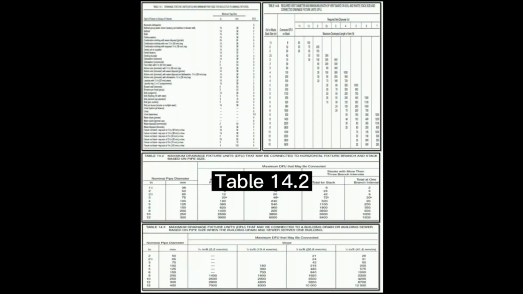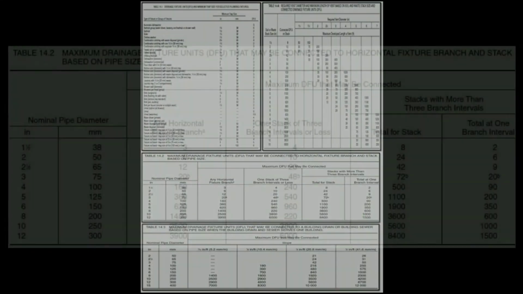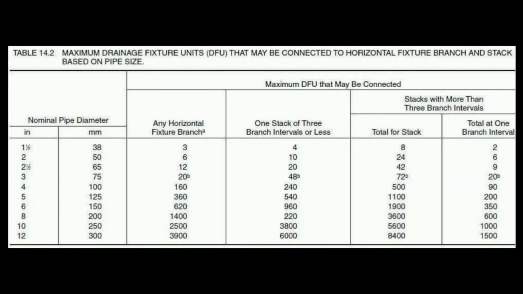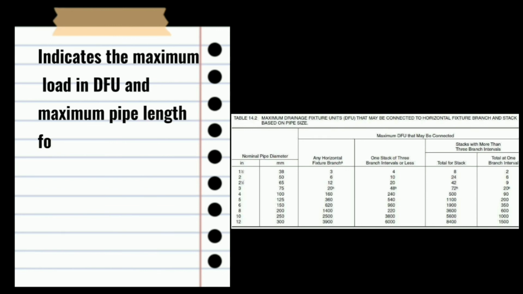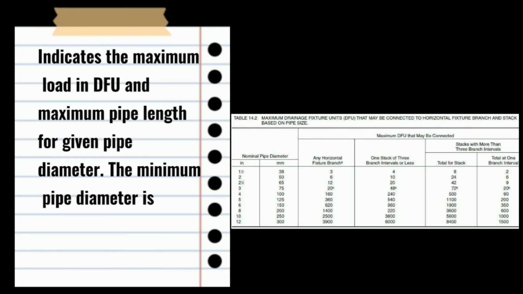Sa next table is the table 14.2 or the maximum drainage fixture units that may be connected to horizontal fixture branch and stack based on pipe size. So, sa table naman to is makukuha natin yung diameter ng ating horizontal fixture branch and stack gamit yung nakuha nating DFU.